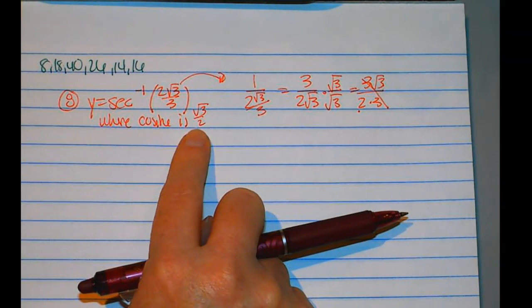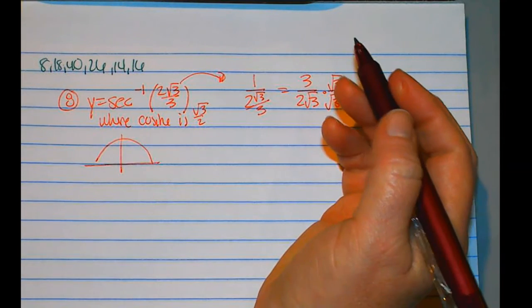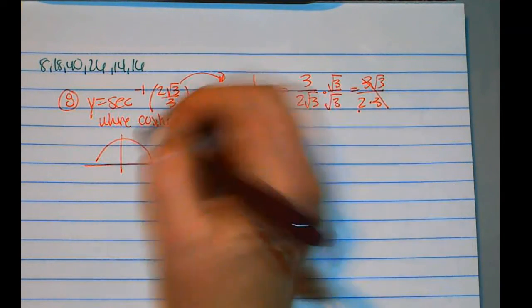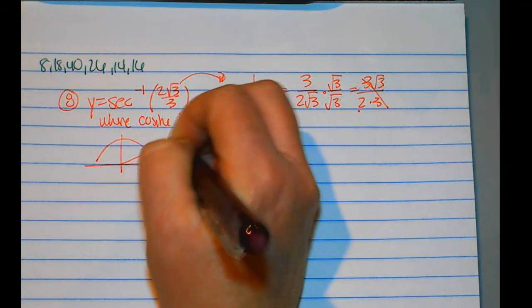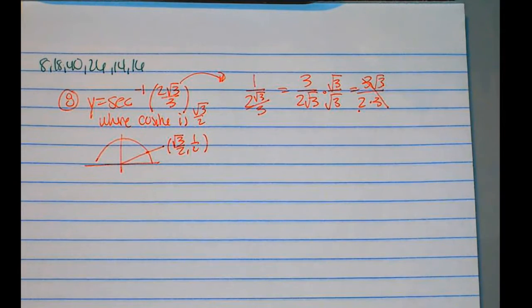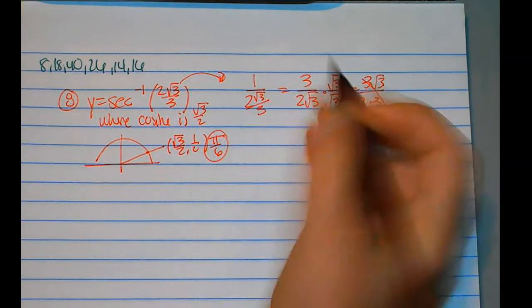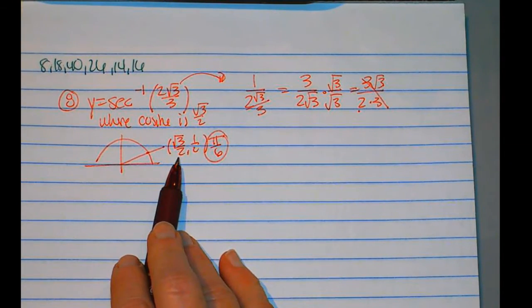That was the hardest part. And then when I think about cosine, here's cosine. Square root of 3 over 2 is pi over 6. Square root of 3 over 2, 1/2. That's that point. And so where does that happen? Pi over 6. So I'm looking for the point where square root of 3 over 2 is first.